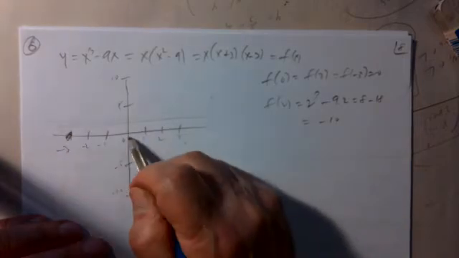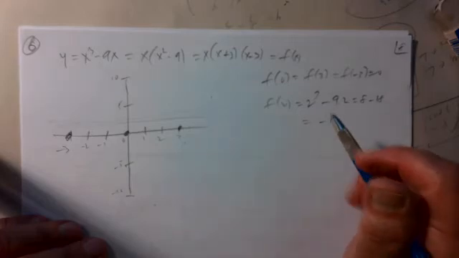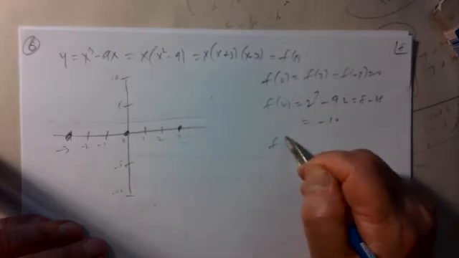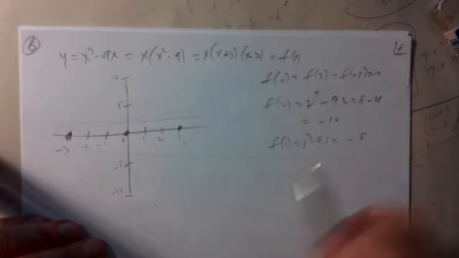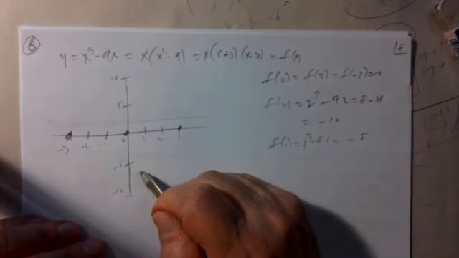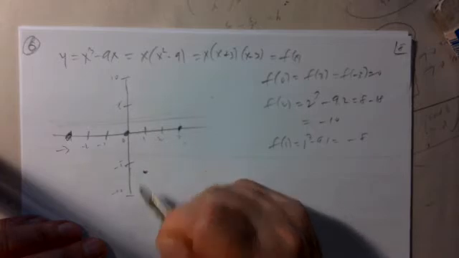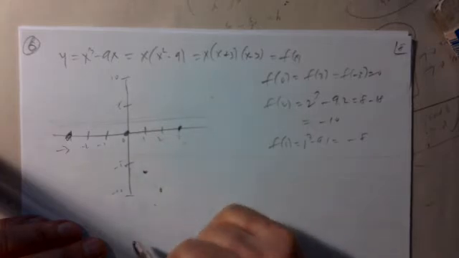The function is 0 at minus 3, 0, and 3. What is it at 1? F of 1 is equal to 1 cubed minus 9 times 1 is minus 8. So at 1, it's minus 8. And at 2, it's minus 10.